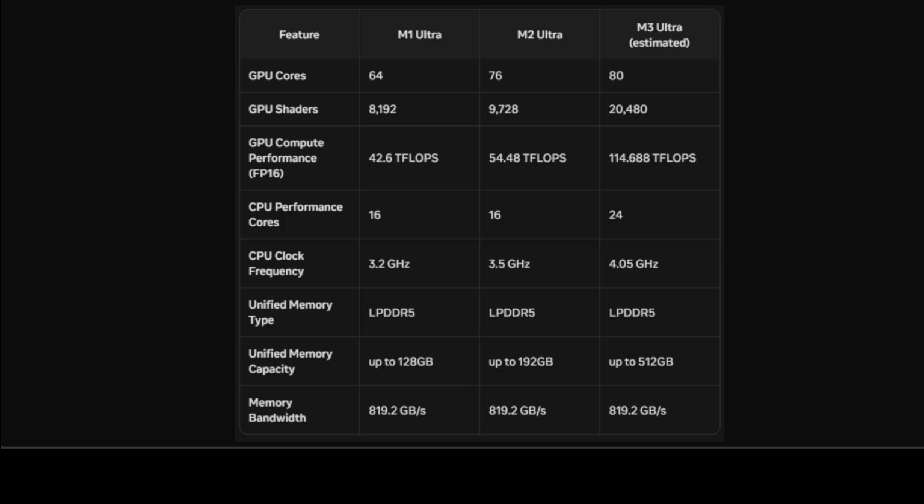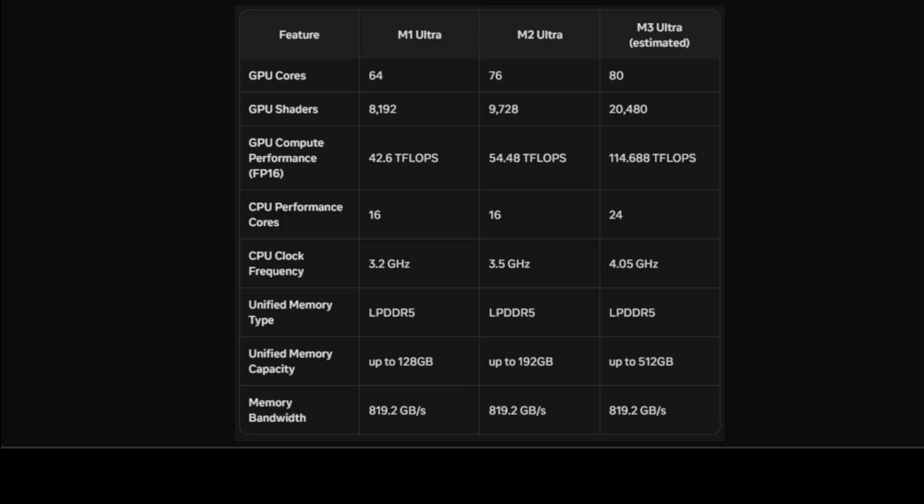In numerical terms, this could mean a jump from around 9700 shaders in M2 Ultra to approximately 20,000 plus shaders in M3 Ultra, which is quite huge. And that enhances its computational performance from 54.48 teraflops in M2 Ultra to an estimated 114.68 teraflops in M3 Ultra, which is huge.